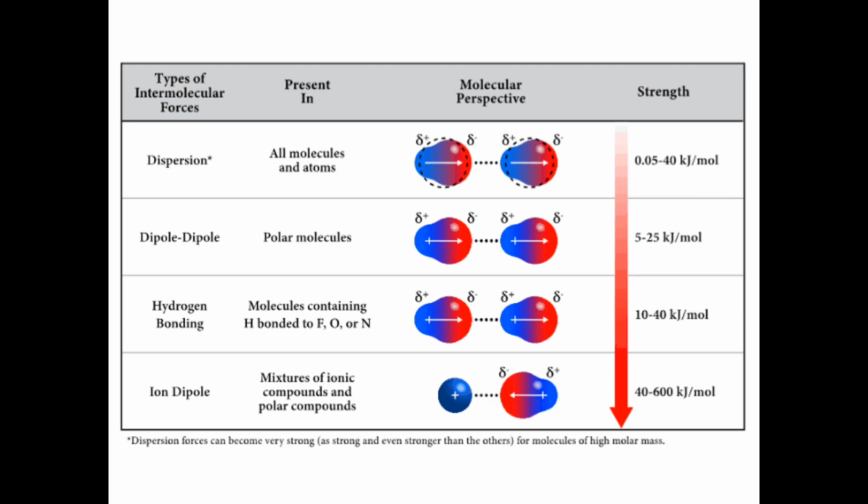Then its strength is between 0.5 to 40 kilojoules per mole. Then when you have dipole moments or dipole attraction, they usually occur in polar molecules alone. And then you observe that it has also positive and negative poles, but its own strength is greater than the strength of London dispersion force.